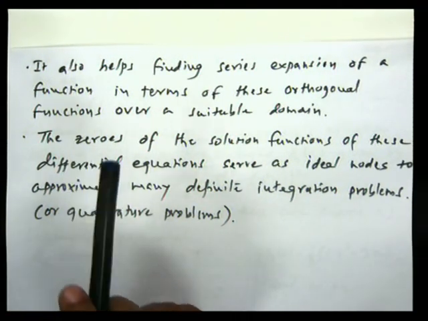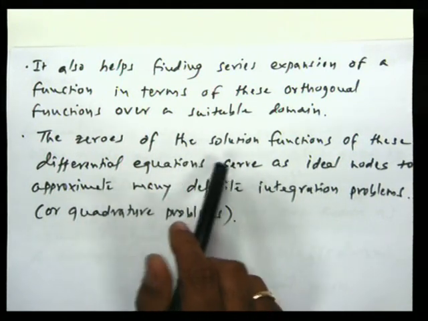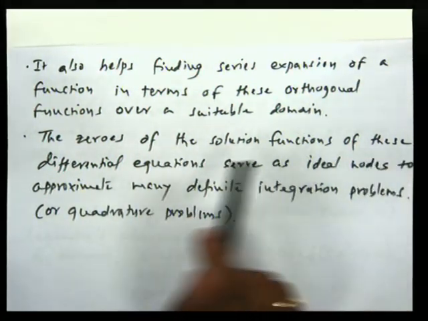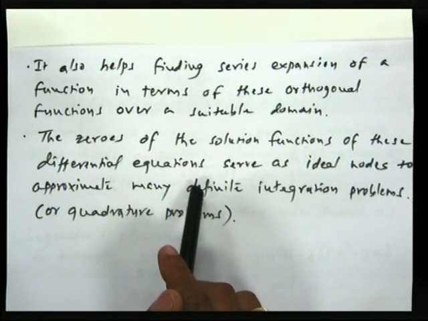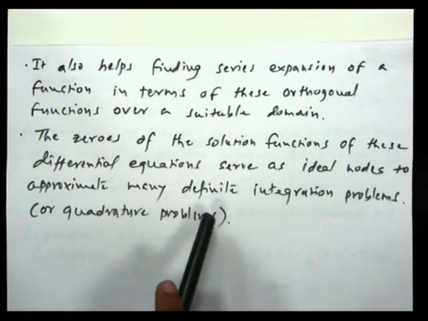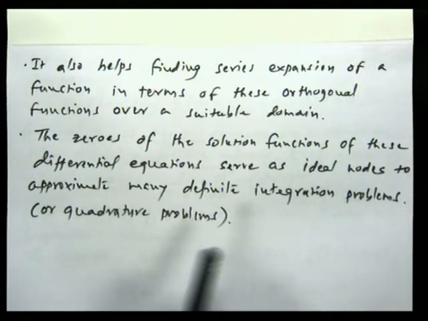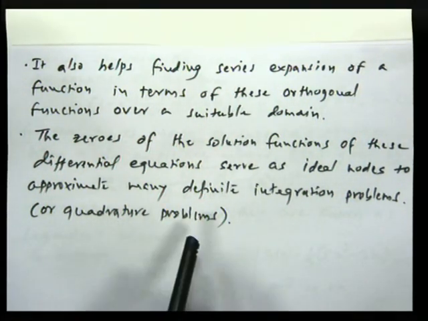Not only that, but if you take the zeros of the solution functions of these differential equations, they serve as ideal nodes to approximate many definite integration problems. They are famously known as quadrature problems.